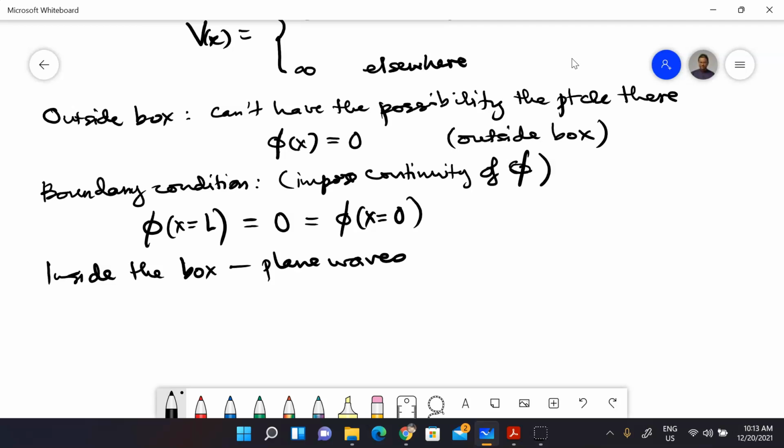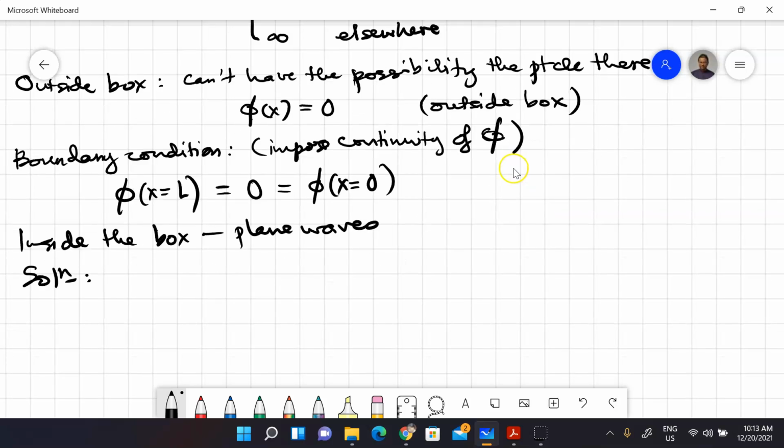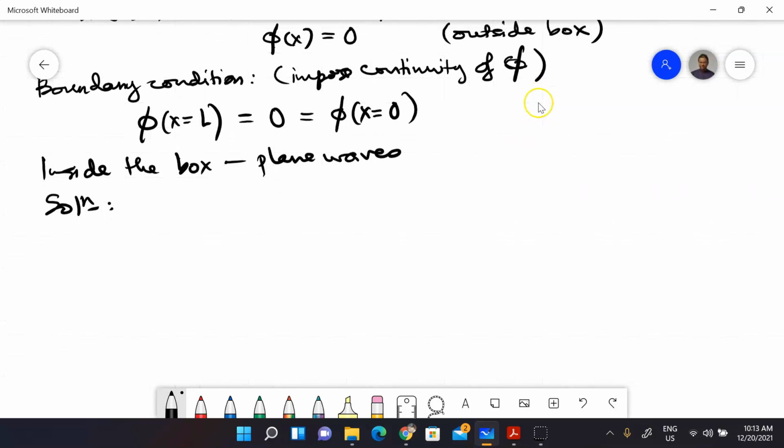So plane waves subject to this boundary condition, you can actually write down the solution to be standing wave solutions. For details, you might want to refer back to your notes on quantum mechanics, standing wave solutions.